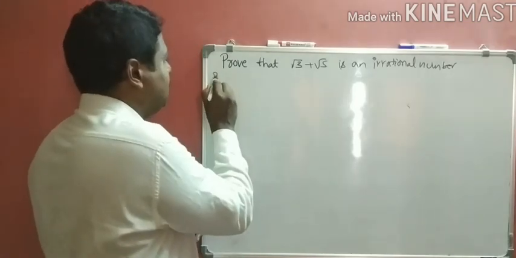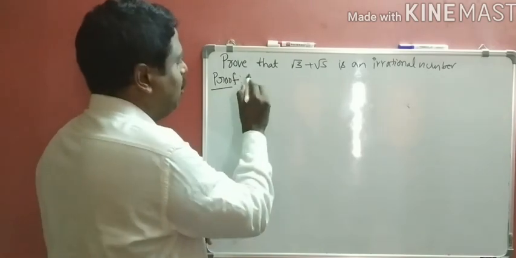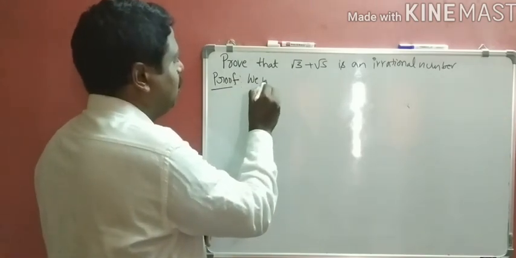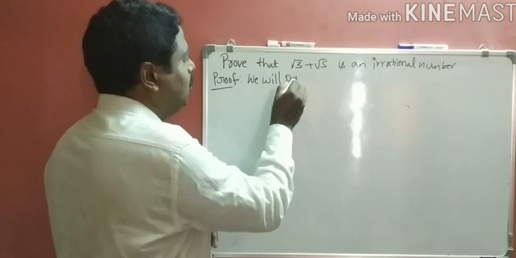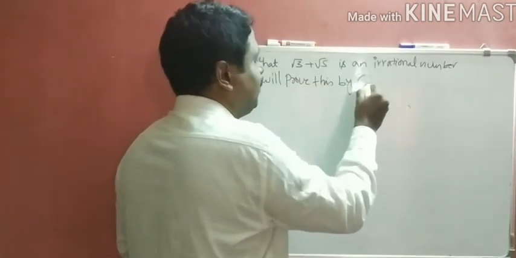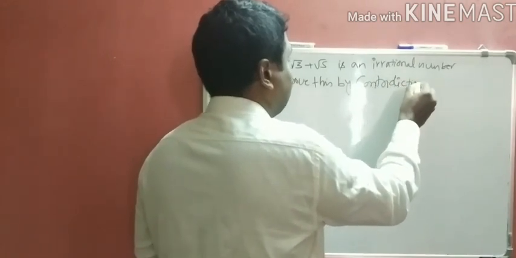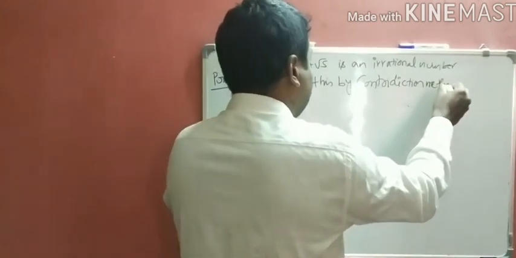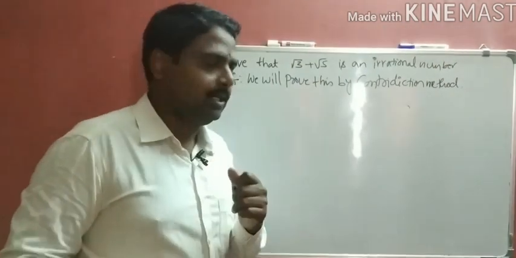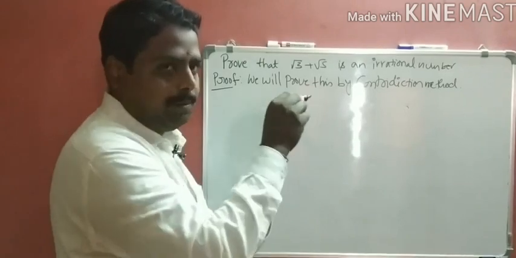To prove this, which method do we have to follow? We will prove this by the contradiction method. So, what is the contradiction method? We will go in the opposite way.